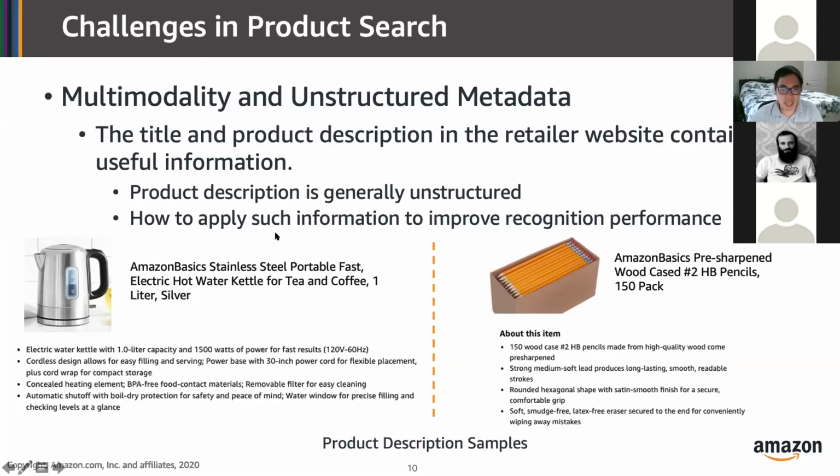Unfortunately, all those tags are free, unstructured tags. You see these two products, one is a kettle, the other is a pencil. The descriptions are quite different from each other. How to use this useful information to improve the recognition performance is a very interesting problem to explore.